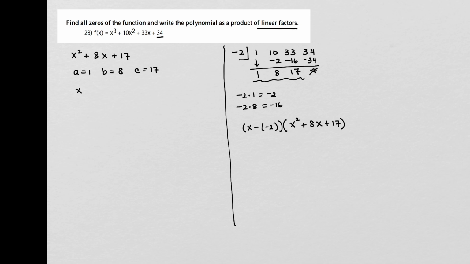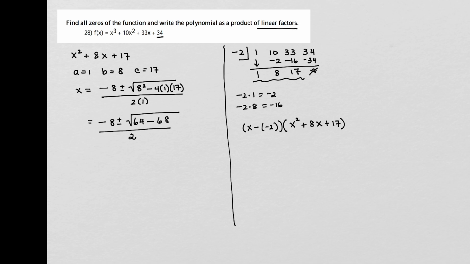And so x equals negative b plus or minus the square root of b squared minus 4 times a times c, and that's all over 2 times a. And I get negative 8 plus or minus the square root of 64 minus 68, and that's all over 2.